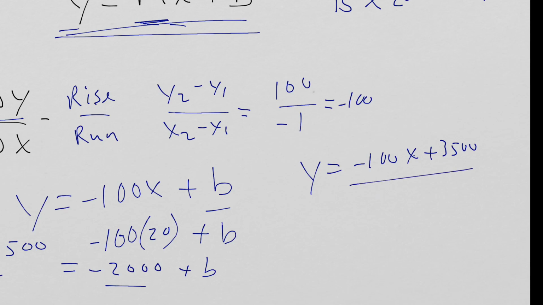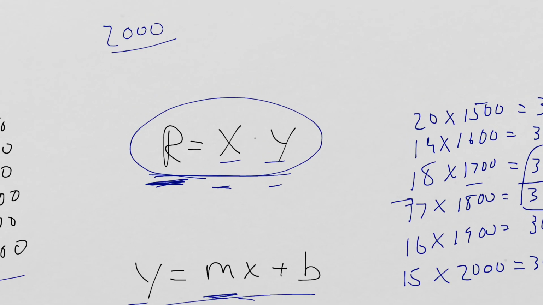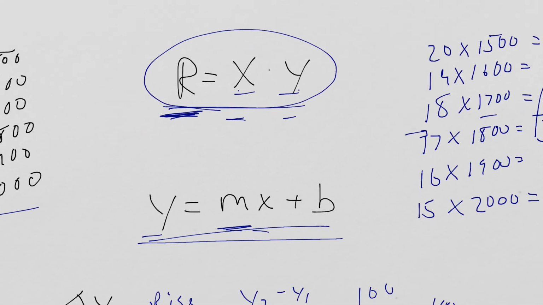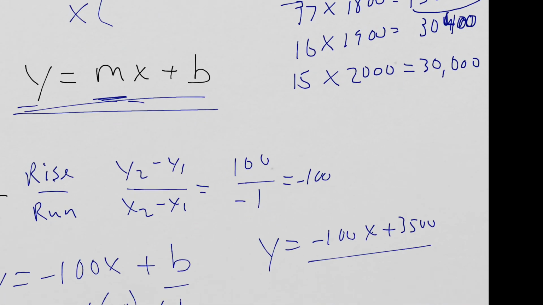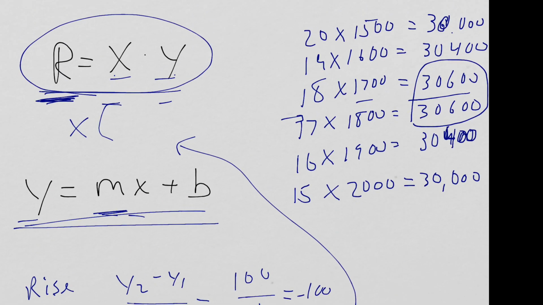In my formula, my revenue is going to equal x times y. So x times this equation I just found. I'm going to substitute in for y the equation negative 100x plus 3,500.